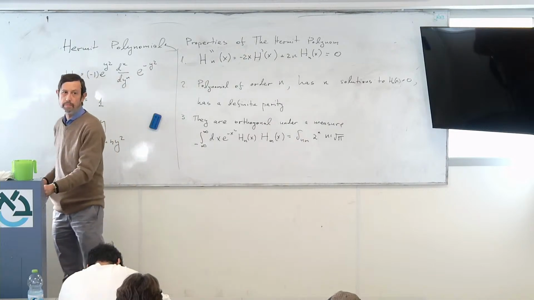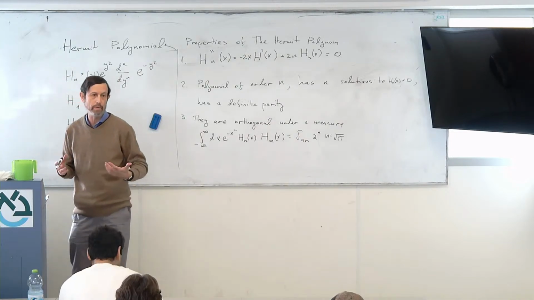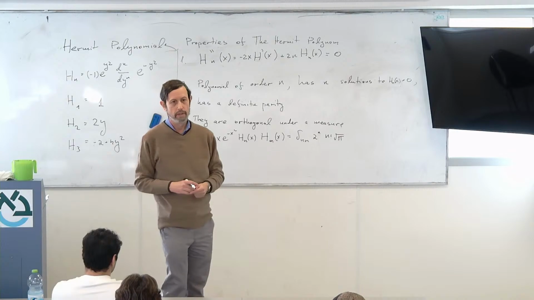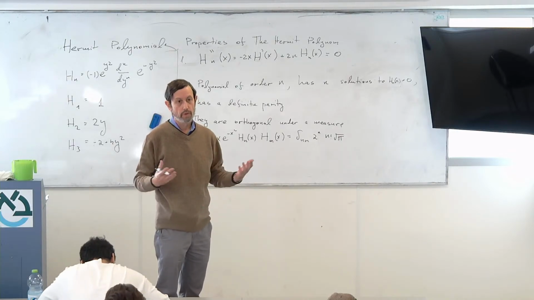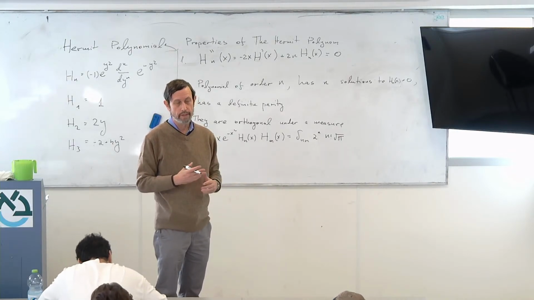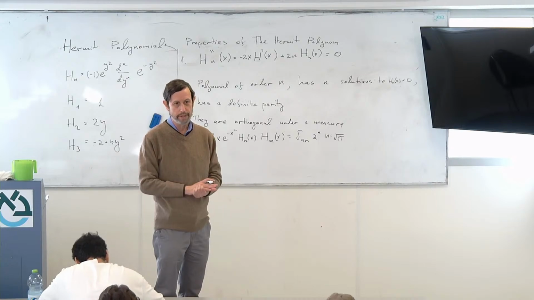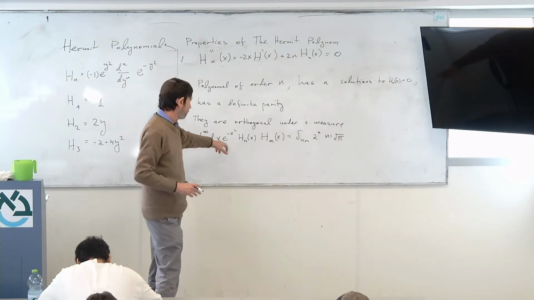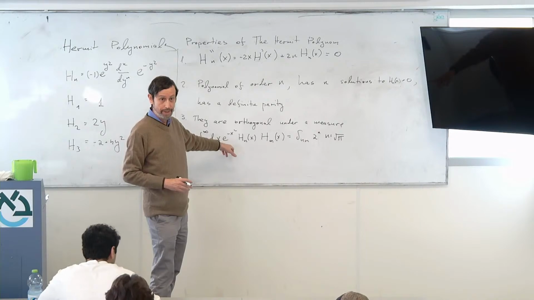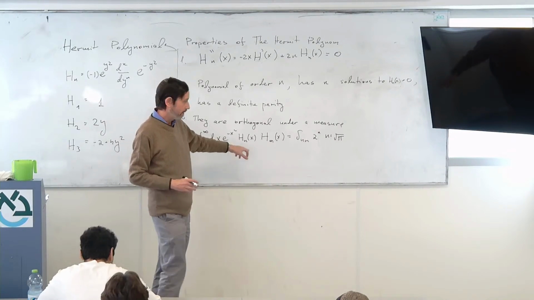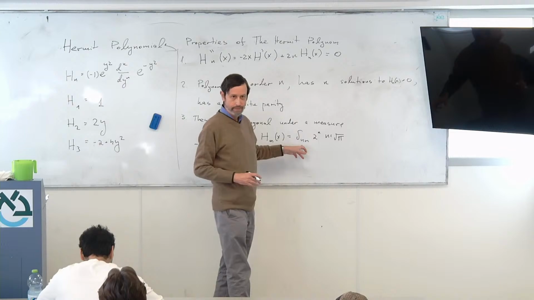So what do I mean by orthogonal under a measure, or orthogonal if I put the right Jacobi weight? Basically, this is the weight, and this is orthogonality.